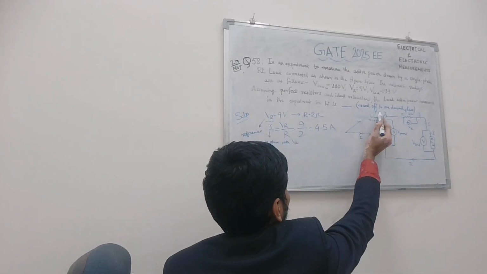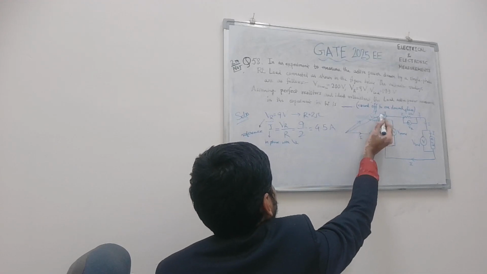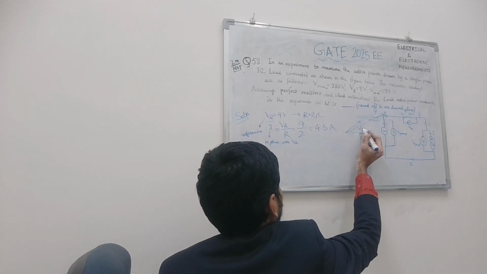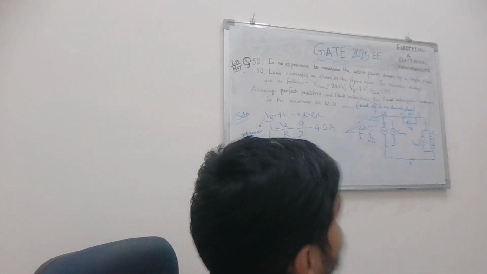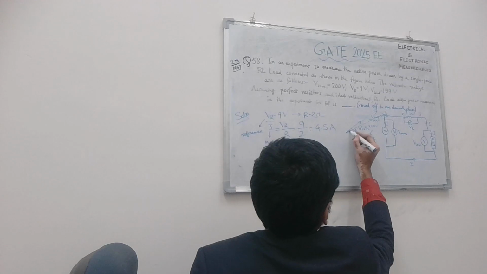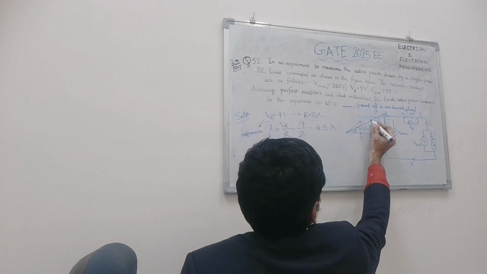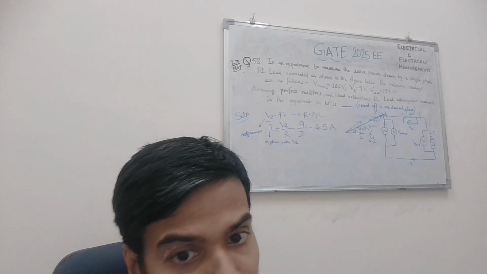You find the triangle. This will be V source, given as 200 volts. Now what do we need to do? We need to find the phase angle difference. This is identified by the law of vector addition. The phasors follow the law of vector addition.